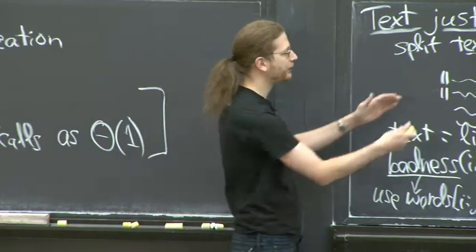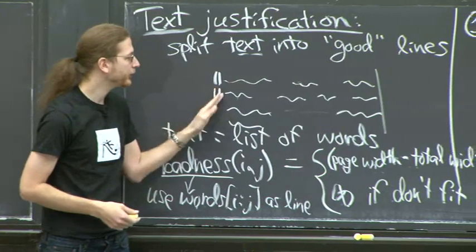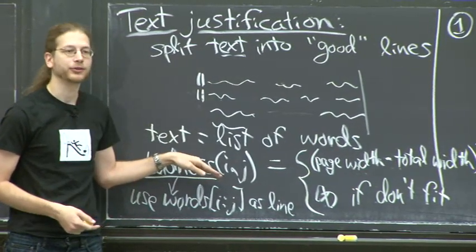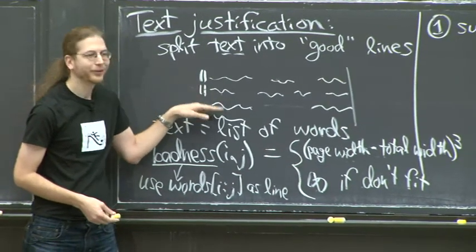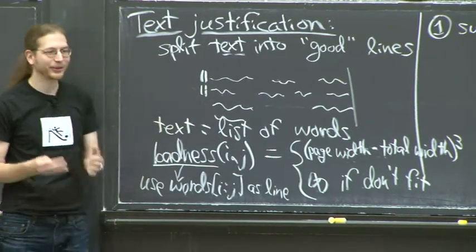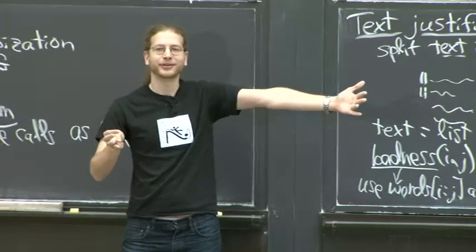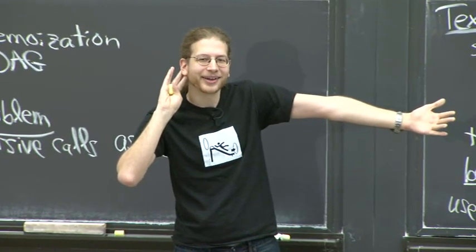OK, so originally, I have all the words. But after I guess where the second line begins, I have the remaining words. What's a good word for the remaining words? If I give you a list of words and I want from here on, it's called what? A subproblem?